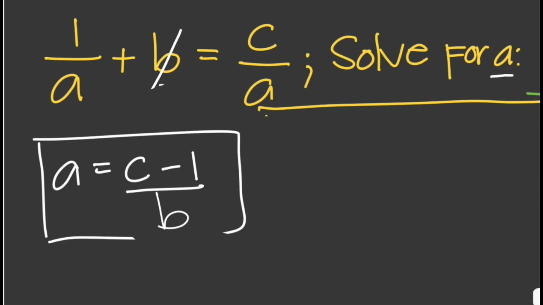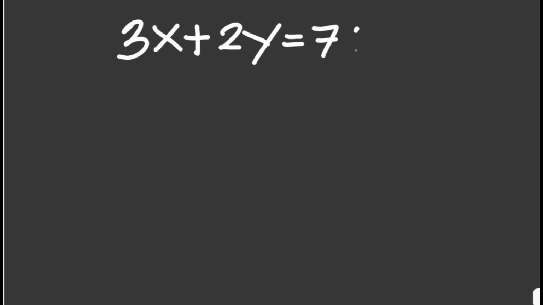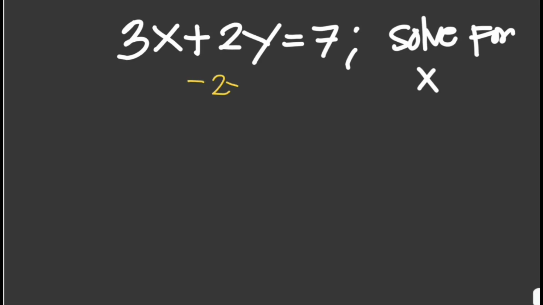Now let's solve another one. Let's say we're given this equation, 3x plus 2y equals 7, and then we solve for x. So we isolate all of the terms that don't have x in it. So we subtract 2y from both sides.